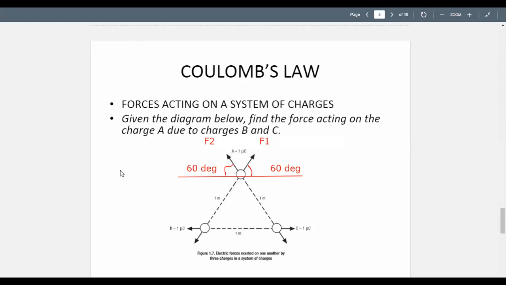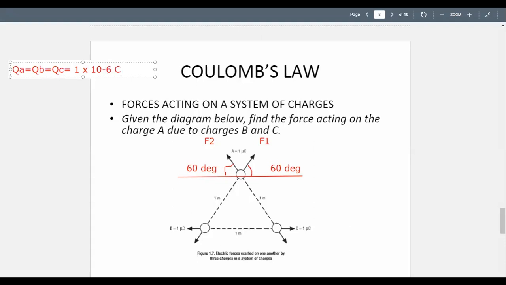So 1 microcoulomb each. Our charges, we can call them Q sub A, Q sub B, and Q sub C, using small letters. They are all 1 microcoulomb. So 1 microcoulomb is 10 to the negative 6 coulomb.